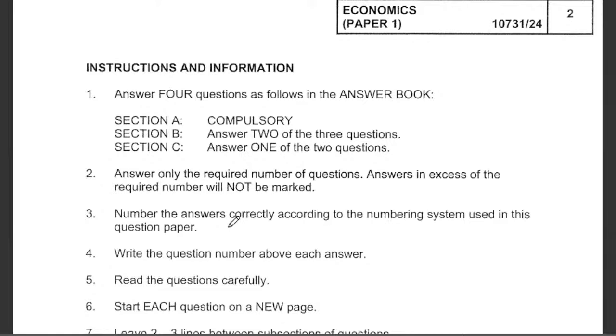So in that regard, you are going to be mostly disadvantaged, because now you are failing to follow the numbering system that is actually used on a question paper. So now you're advised always to follow the numbering system used in a question paper. And also the instruction number 4 says write the question number above each answer.